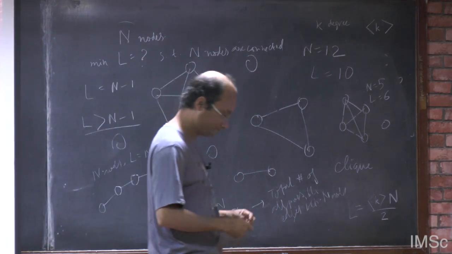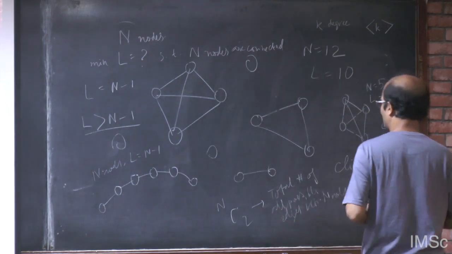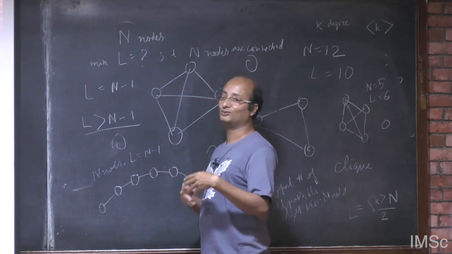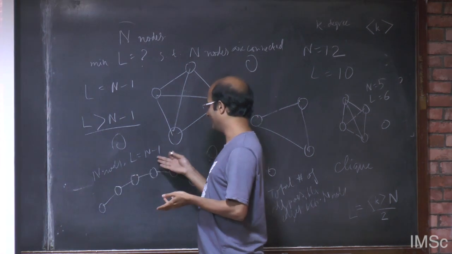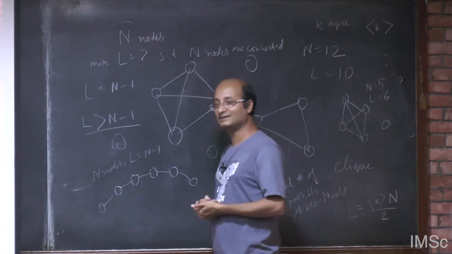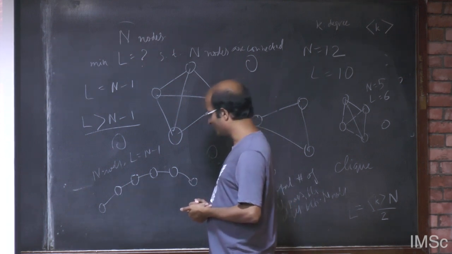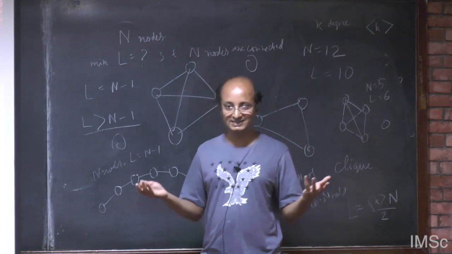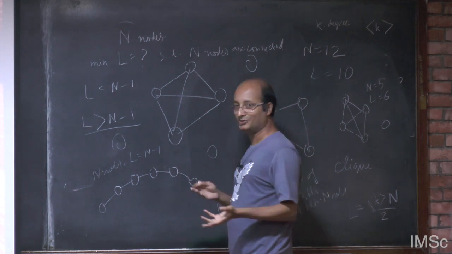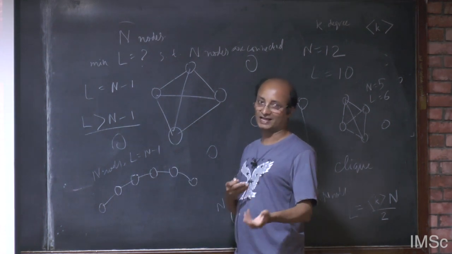Okay. So suppose you are told that you have n nodes and n minus 1 edges. You would think, okay, maybe the system looks something like this. And then I ask you, what's the typical distance that you have to travel to go from any node to any other node? In other words, what's the average path length?